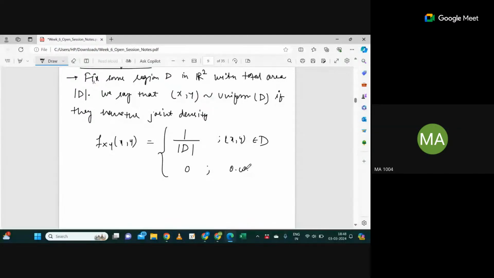So this is the definition of your 2D uniform case.